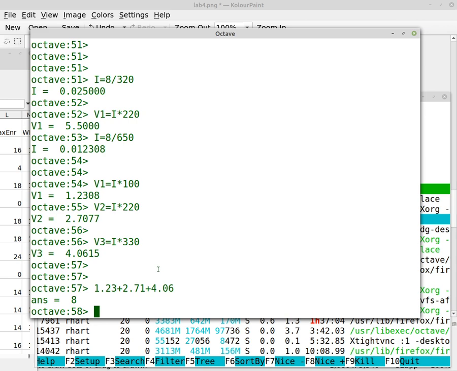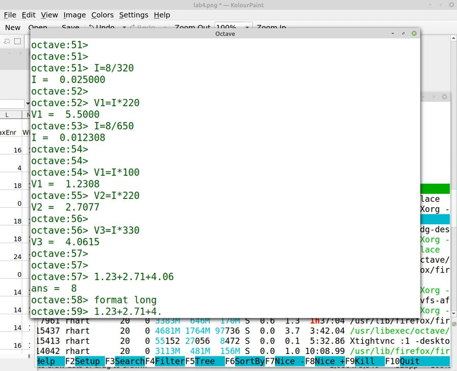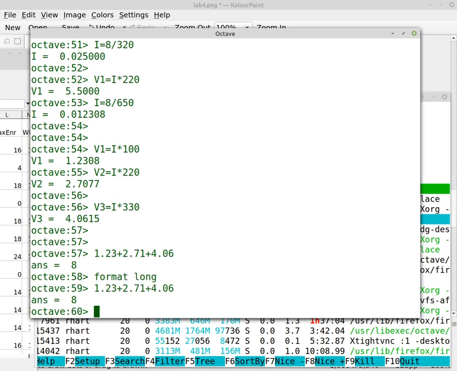So it might be a little bit off. Actually, if I change my format to what's called long format here, let's see if it still reports it to be 8 volts. Yeah, it did add up to be exactly 8 volts. All right, so we got lucky in that case.